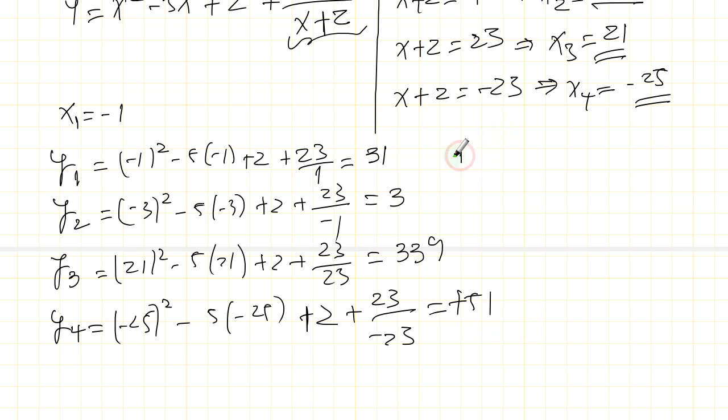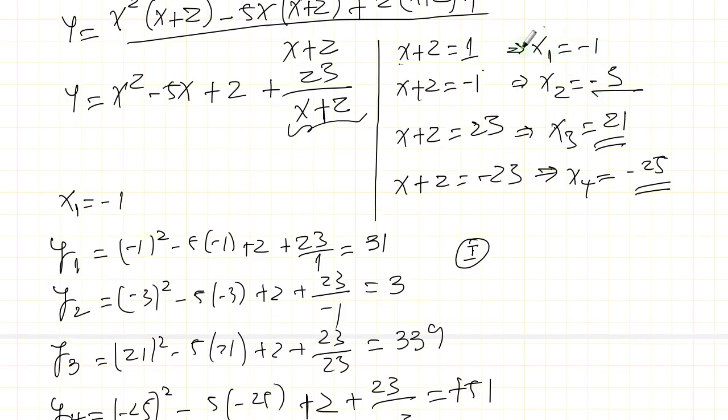Let me write it properly here, in terms of x and y. The first one is, since the value of x is negative 1, negative 1 and 31.